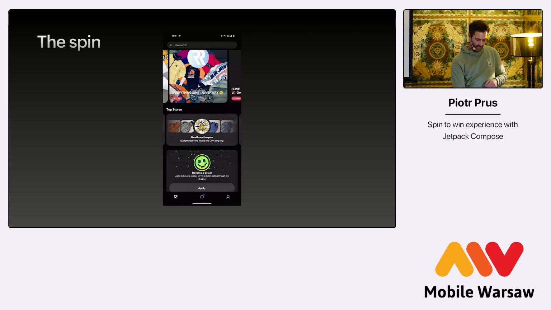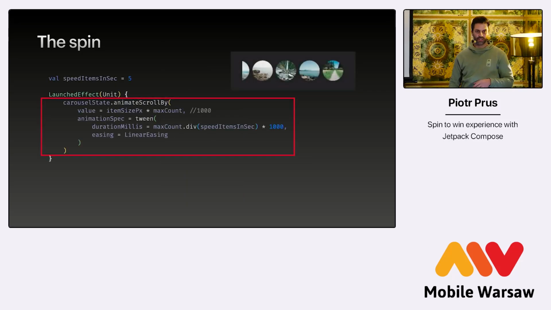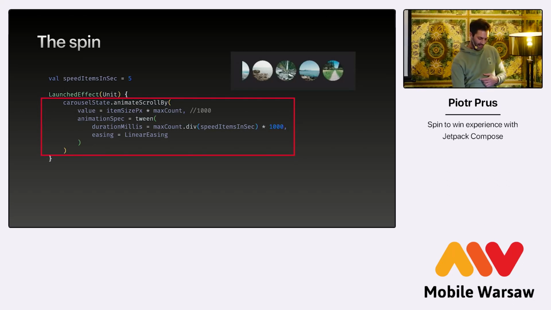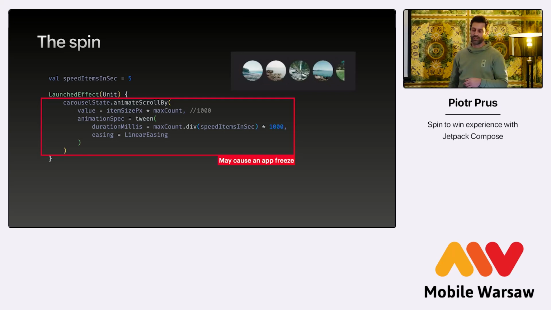And the reason I'm showing you that is because in this code, there is a bug. And I wonder if you know what that bug is. I will give you a hint: this code may cause an app freeze.